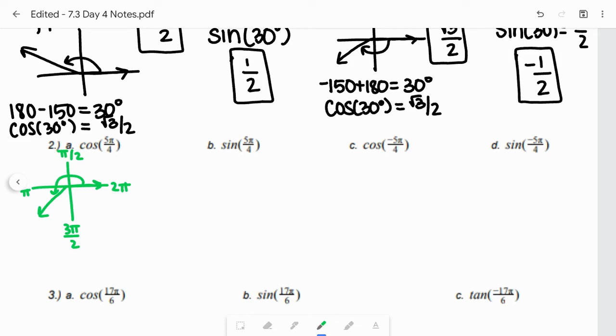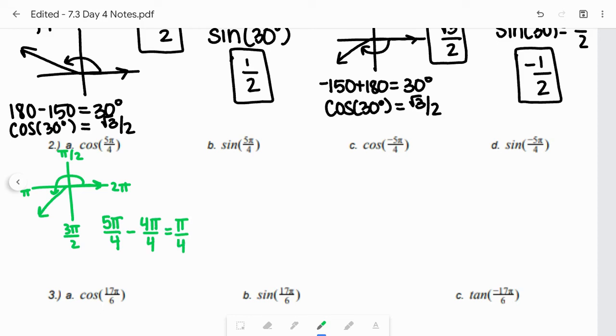Okay, so when I am in the third quadrant, I am going to be taking the angle that was given to us, which is 5 pi over 4, and I want to subtract out pi, because remember up above in part C, we added 180. So if I subtract out pi, that's the same as 4 pi over 4, and that's going to give me pi over 4.